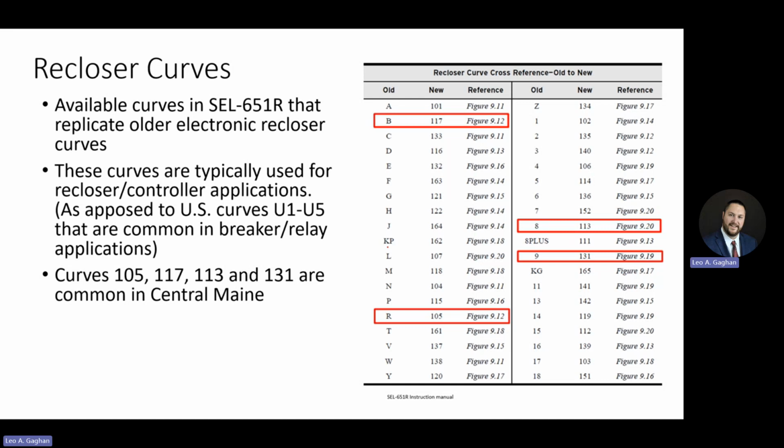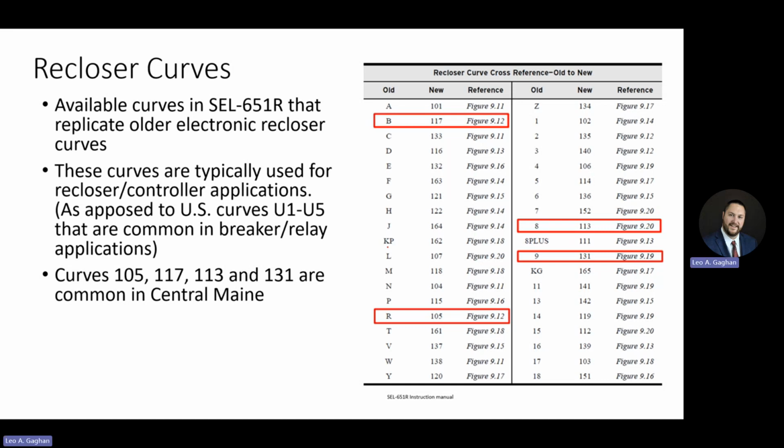These curves are typically used for recloser controller applications, as opposed to, like I said, the U3s that are breaker relay. And then the ones that I have highlighted here, 117, 105, 113, and 131, are super common for Central Maine. It kind of goes back, I'm sure, many years.